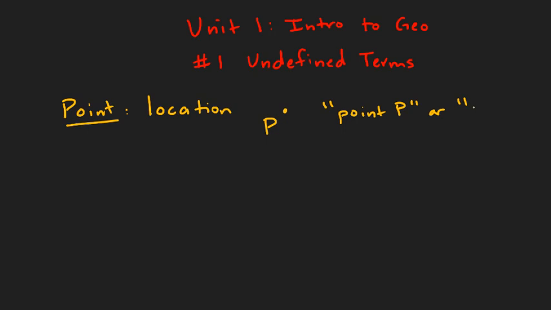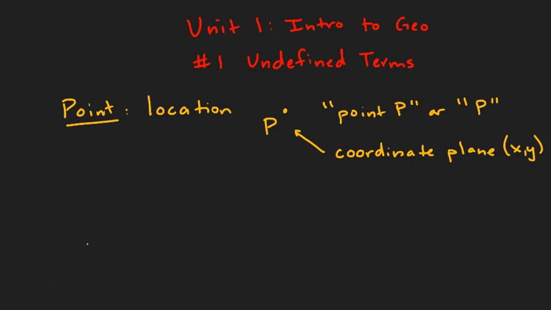Or you can just say capital P, and that stands for the point. Now, you are familiar with points because you know points from the coordinate plane, from your algebra days. On the coordinate plane, we use points to represent locations. They just come in ordered pairs, x and y. Well, same thing here, but we're just putting our points out in space.